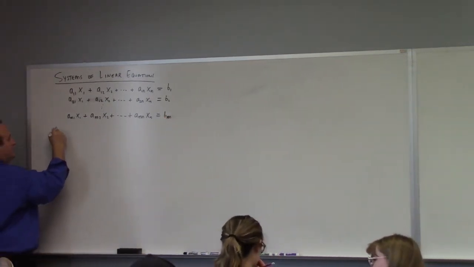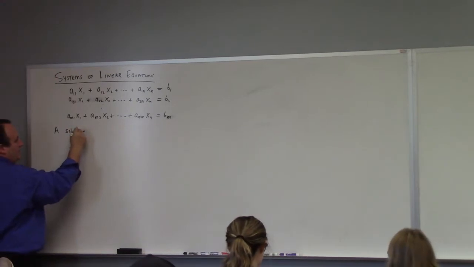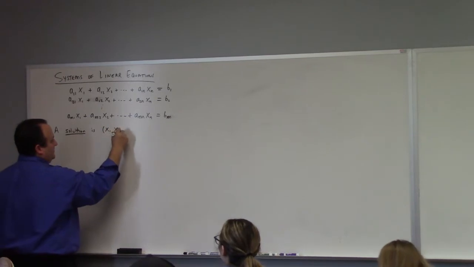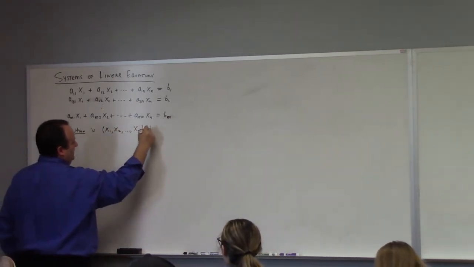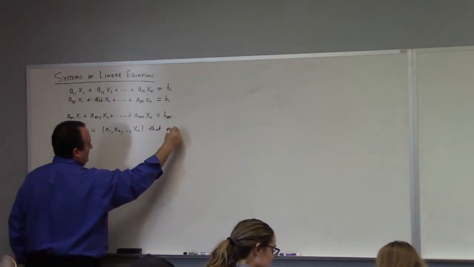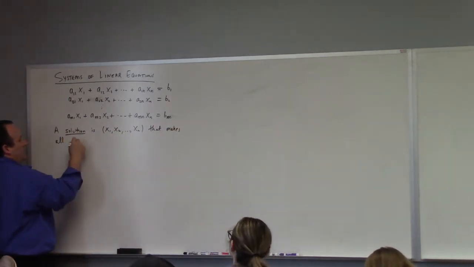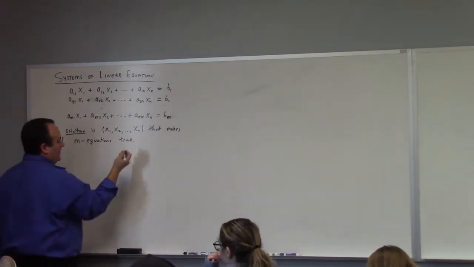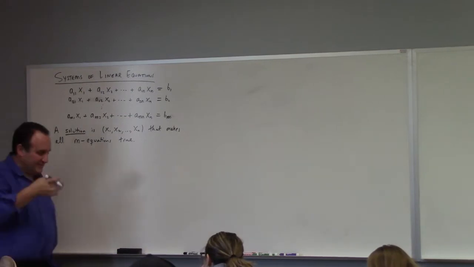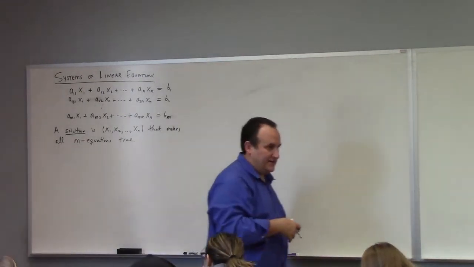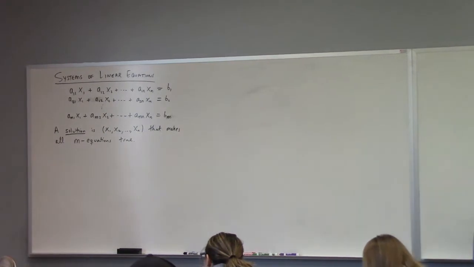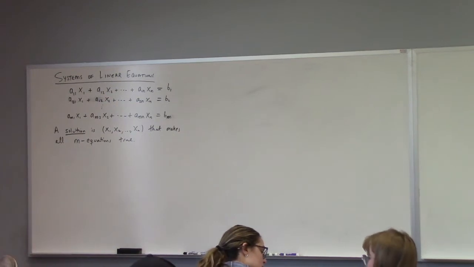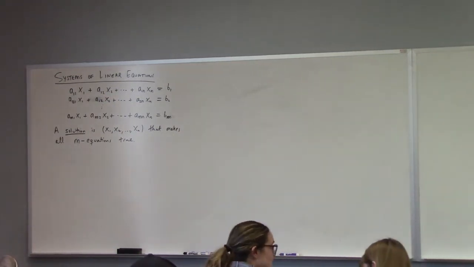A solution is x1, x2, dot dot dot, xn that makes all m equations true. Like last time, I stated this with just letters x and y, but here's the general story. This is what we mean by m linear equations in n unknowns.